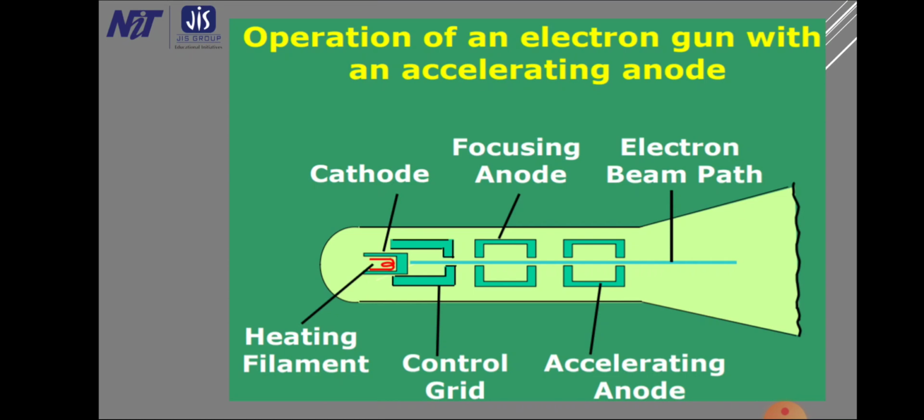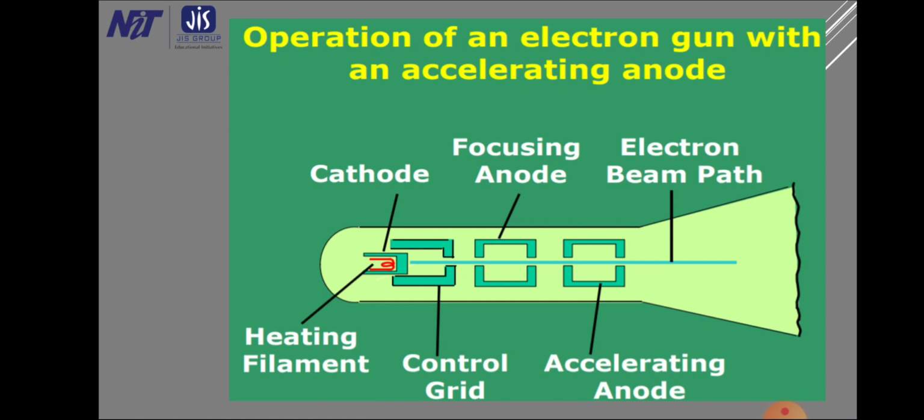On the left hand side of the CRT you have a heating filament which is responsible for heating up the cathode element of the CRT, and that is what generates the electrons. After the element is heated, the electrons simply boil off from the cathode, and they are guided by a set of devices which are all essentially cylindrical in nature, and they help to guide this electron beam.